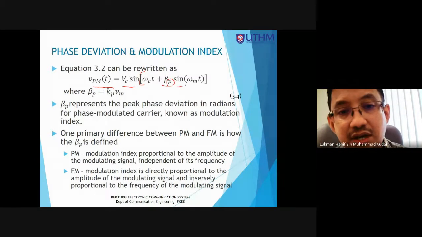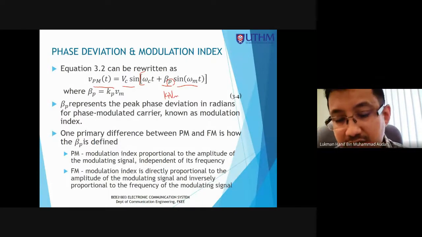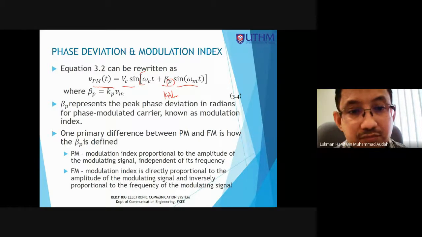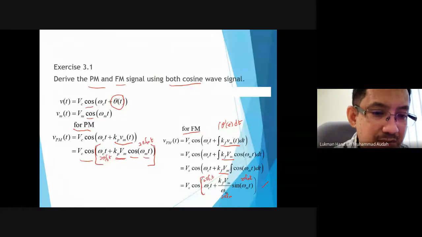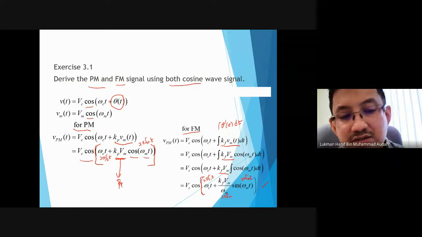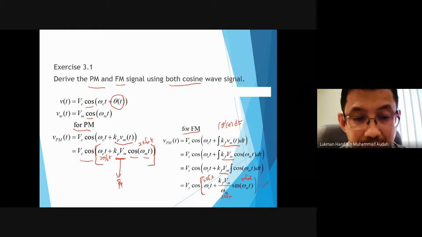Tadi kalau ingat sebenarnya beta P ini adalah KPVM. Tadi KPVM ini digantikan dengan beta P. So beta P is the modulation index for phase modulation equation.